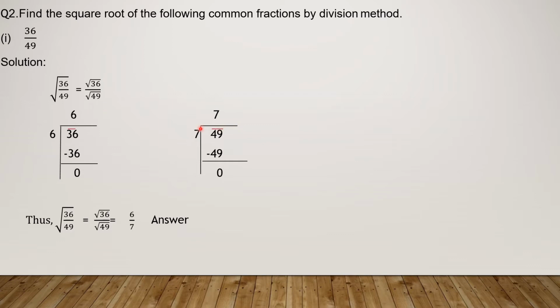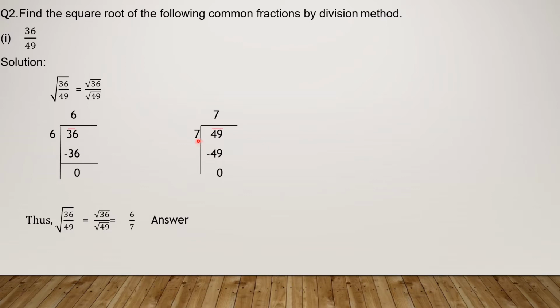Next, we will find the square root of 49 with the same method. First of all, we will draw the lines of the square root. Then we will write the number 49. After this, we will make pairs from right to left, that is 49. Then we guess a divisor so that we multiply this divisor with itself. This is the rule of square root. Here must be 7.